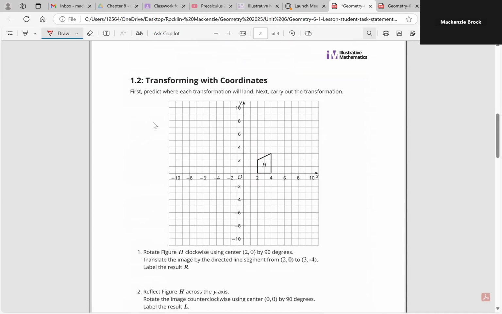First, predict where each transformation will land and then carry out the transformation. As it says, number one, rotate figure H. So there's figure H. Rotate figure H clockwise. So just kind of remember this is a clock. Clockwise moves this way. Then this way is clockwise.